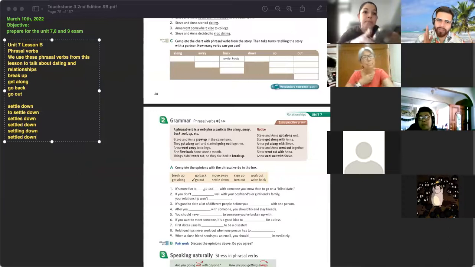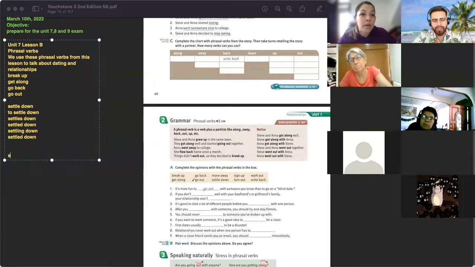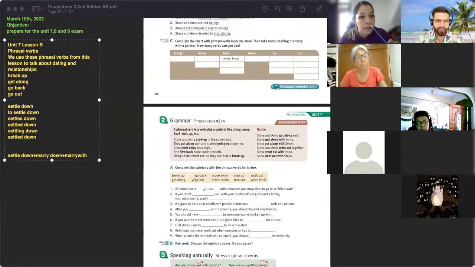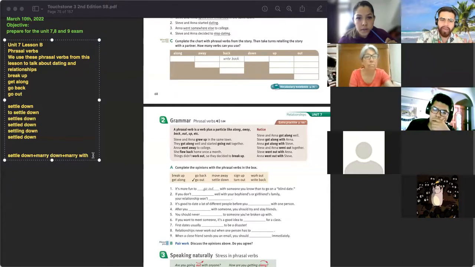Now, you need to be very careful. On the test, it's going to be very confusing. It's going to say settle down, marry down, and marry with. All of them sound very similar. But marry down is not correct. It's not a phrasal verb. And marry with is not correct either.